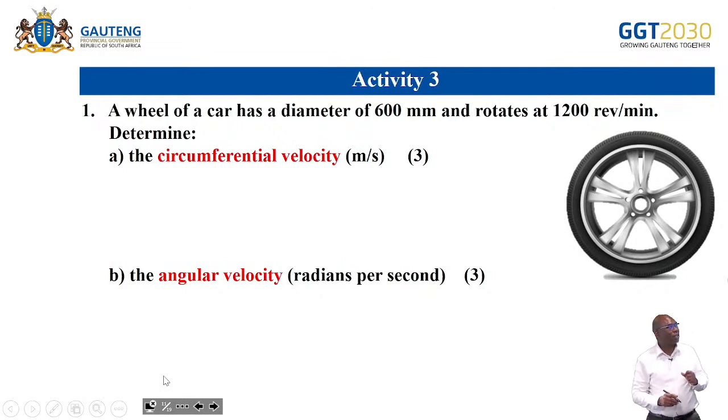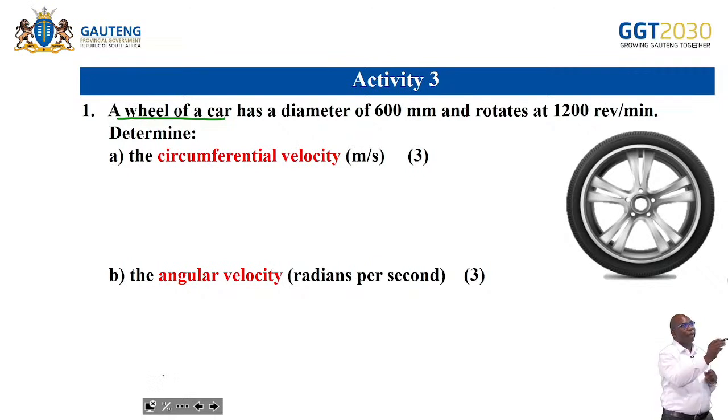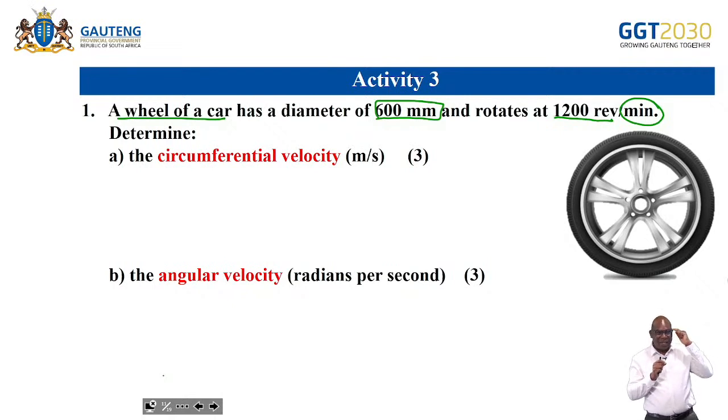A wheel of a car has a diameter of 600 millimeters, and it rotates at 1,200 revs per minute. It's very important that you underline those words, so that when you look at the question, you understand what you must substitute and how.